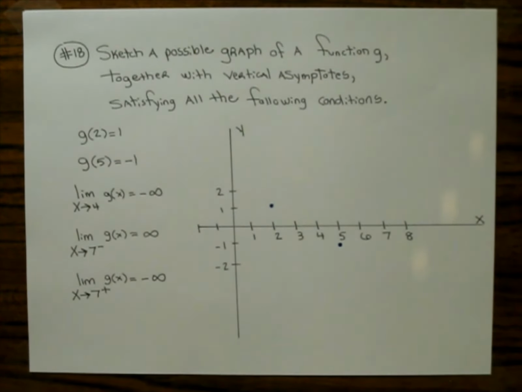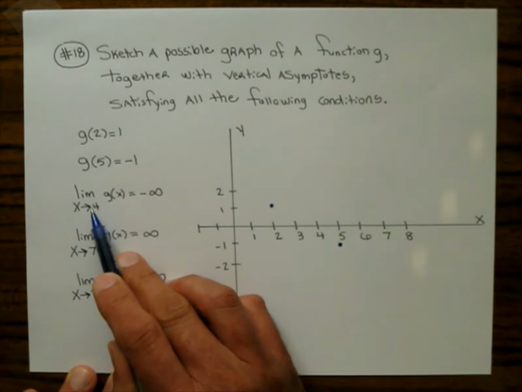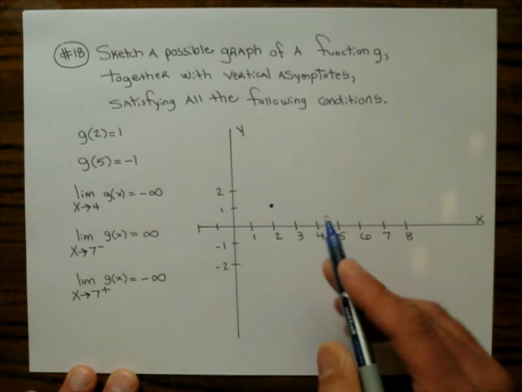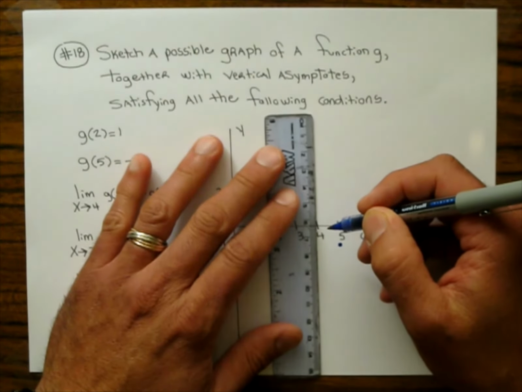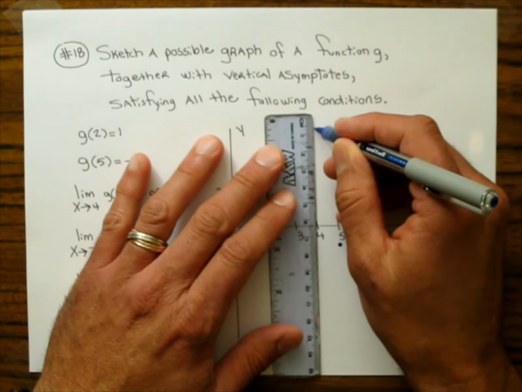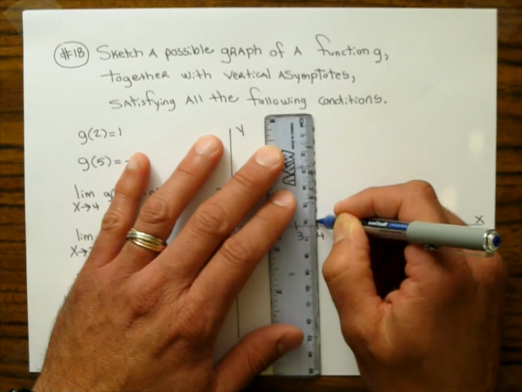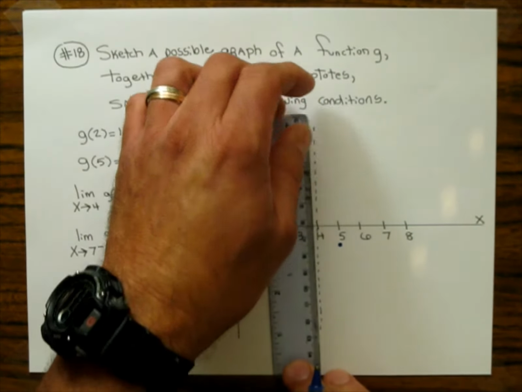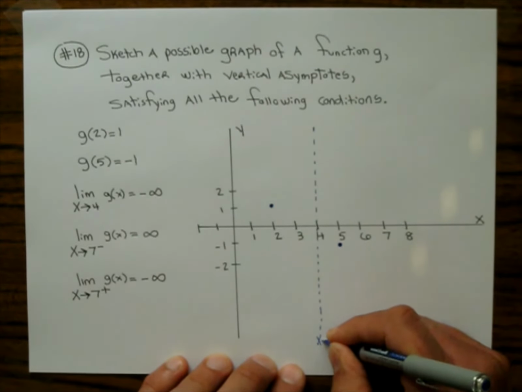Our next condition is a limit, and it says the limit as x approaches 4. There's a negative infinity there, so as you approach 4 there's going to be some sort of vertical asymptote. So there it is. This is x equals 4.